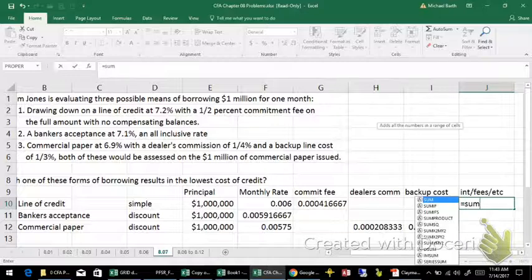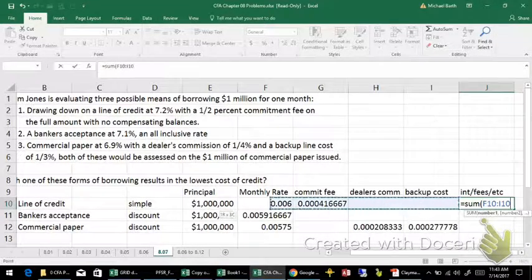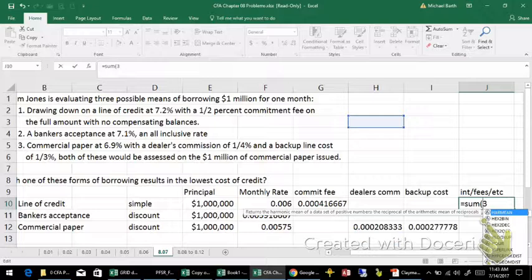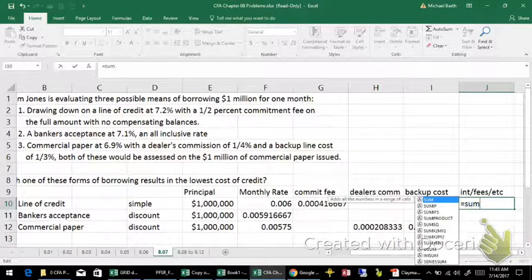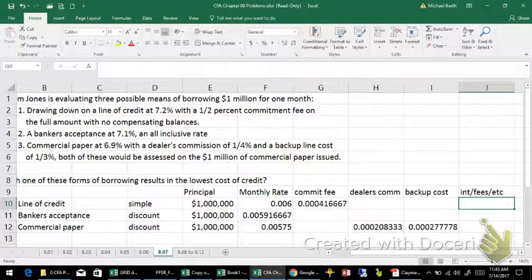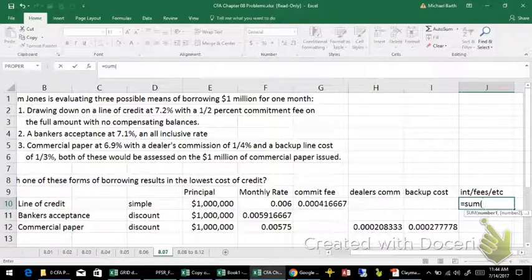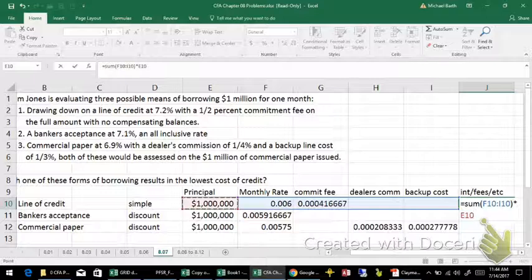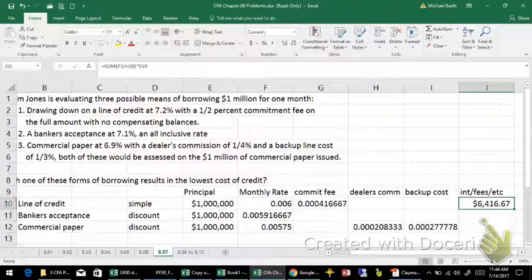If I sum everything in here, sum all the fees for each of these columns, that will give me the monthly rate, and that will be the total cost.